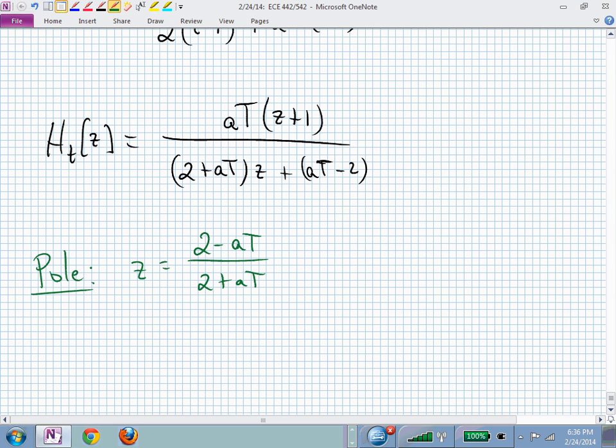Do we have a finite zero? Now it's at minus 1.